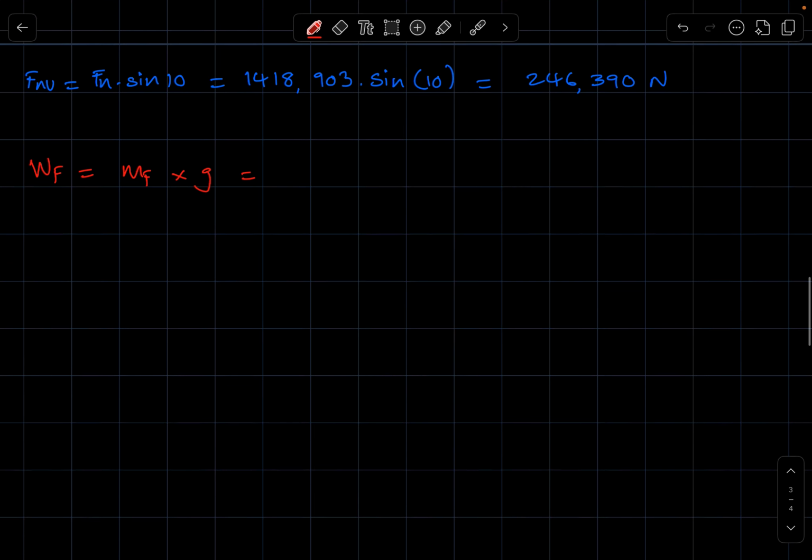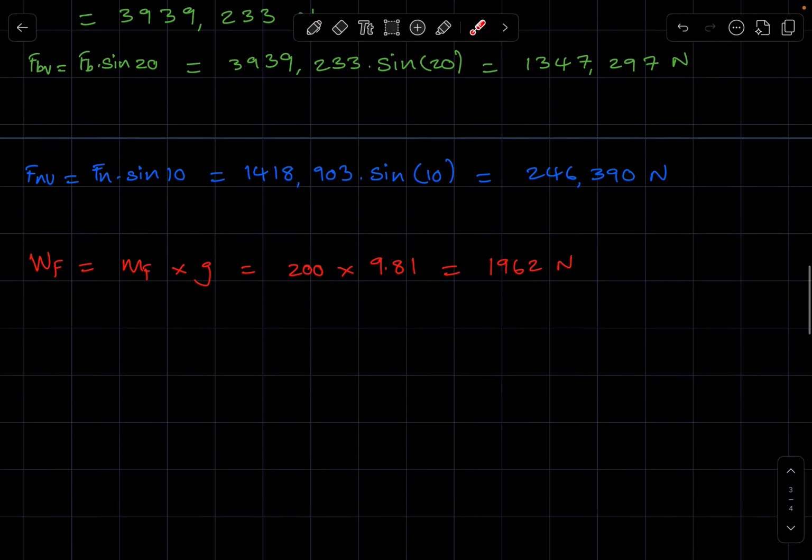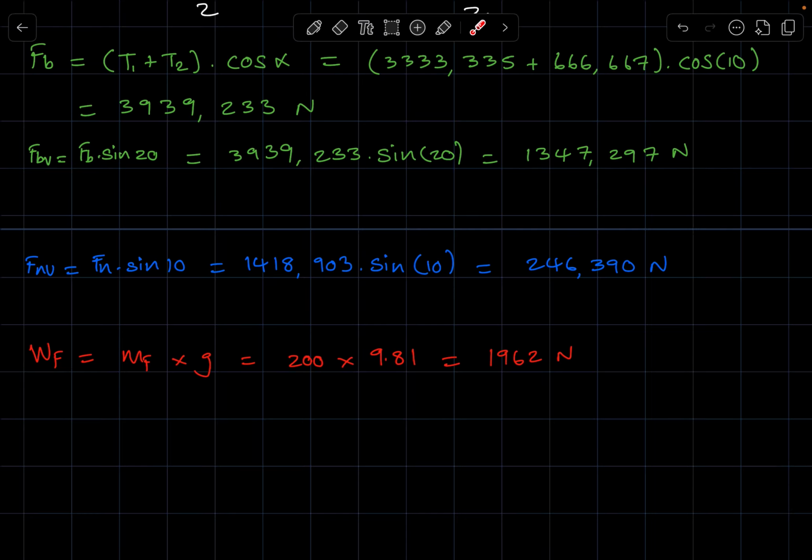So this is 200 times G, which is 9.81 for Mechanotechnics, and this will be equal to 1962 newtons. Now we have determined all the forces acting parallel to the y-axis or the vertical plane. So now we can determine the reactions at the bearings.